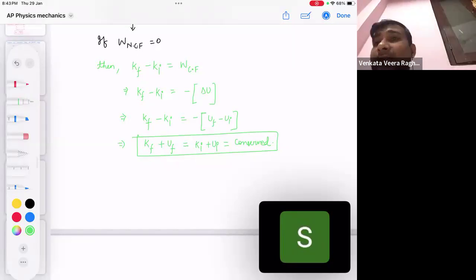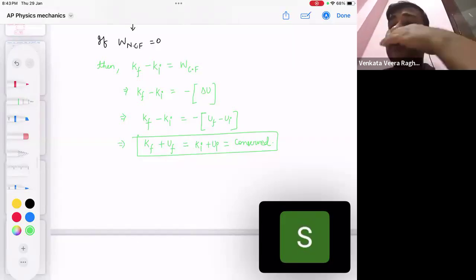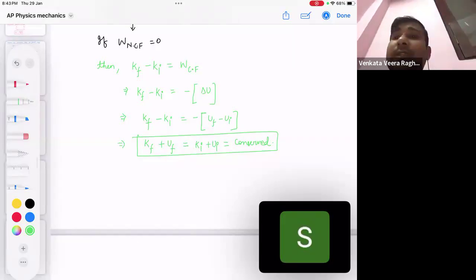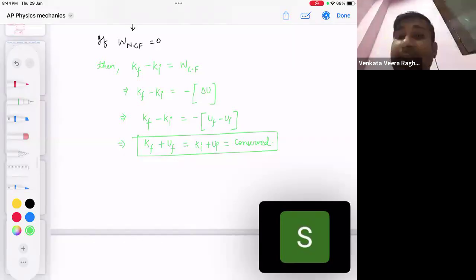But energy conservation will be applied only if the work done by non-conservative forces is zero. So please tell me, understood up to this point? Now let's discuss some examples. And you see, did we apply this energy conservation many times in the electrostatics chapter?